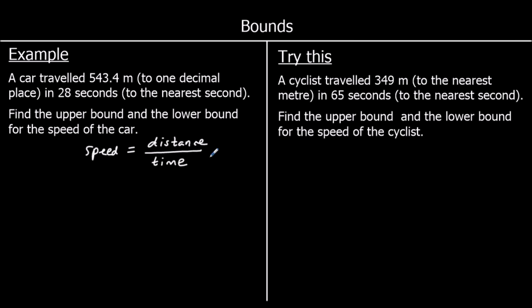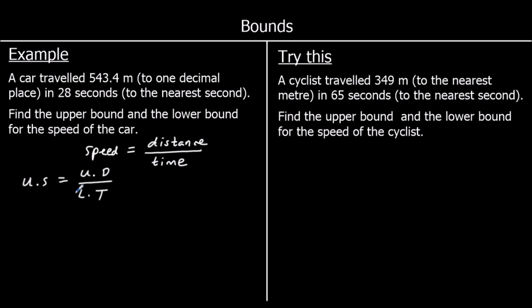Whenever we have a division in a bounds question, we need to be careful, because dividing by a smaller number usually gives us a bigger answer, and dividing by a bigger number usually gives us a smaller answer. So to find the upper speed, I just write US, we're going to take the upper distance and divide by the lower time.